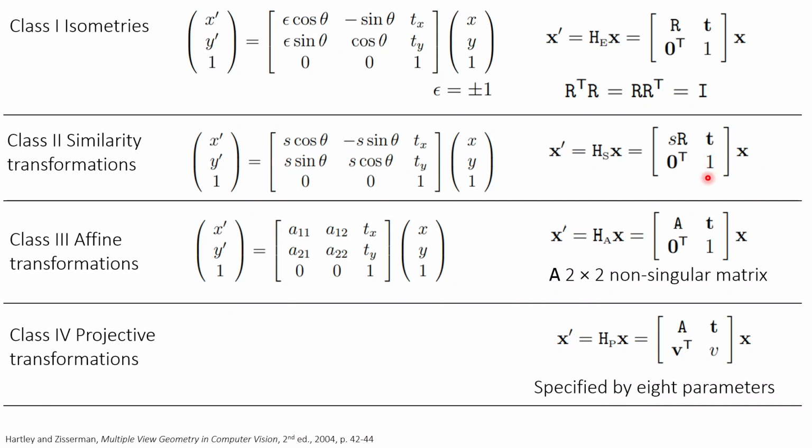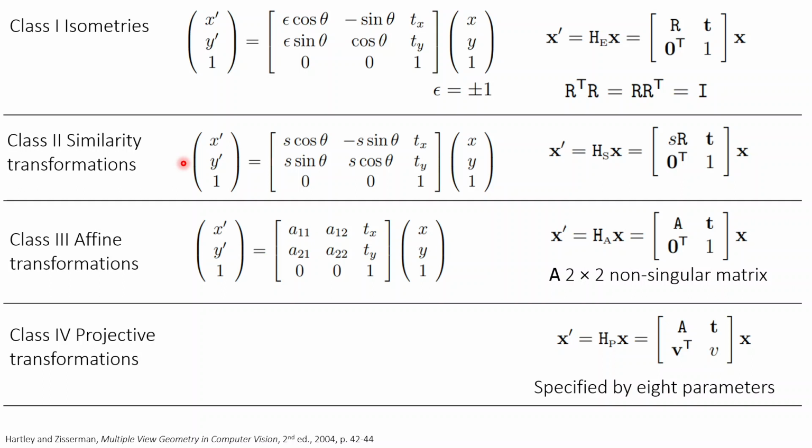Then class 3, affine. In Euclidean transformations, when epsilon is equal to 1, the parameters like length and angles do not change. That means if you take a square, that square will rotate and translate. The 90-degree angle will not change. The length of the sides will not change. But if you take a similarity, the angles will remain, but the length of the sides of the square will change.